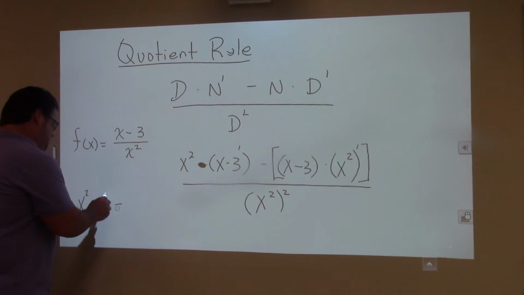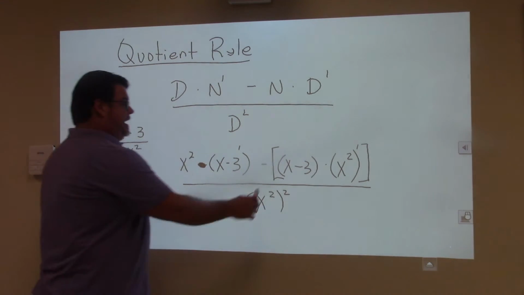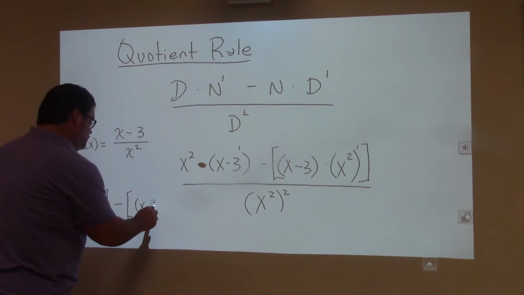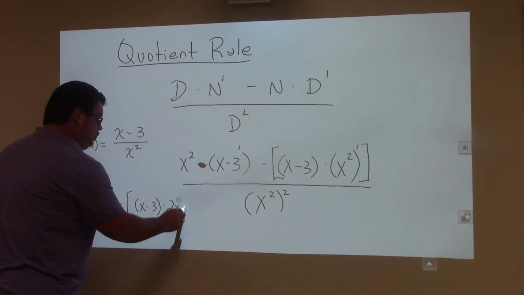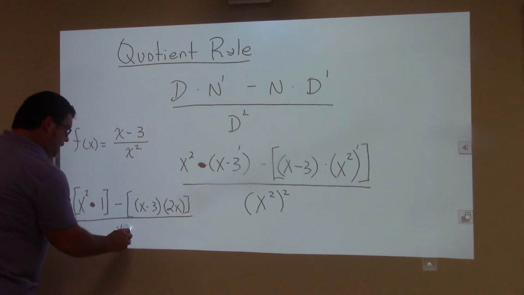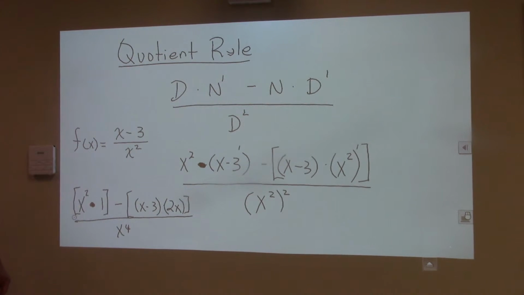Minus, I'm going to put that in brackets. Minus, all right, x minus 3 times what? 2x, Hubert, over x to the 4th. Okay, what's x squared times 1?